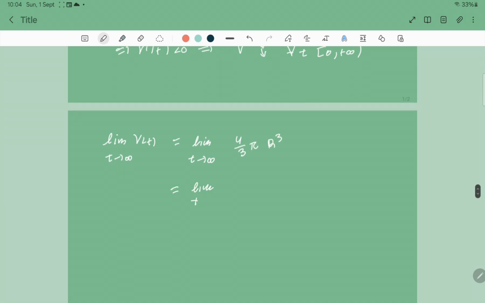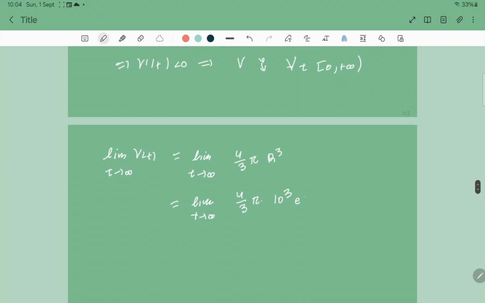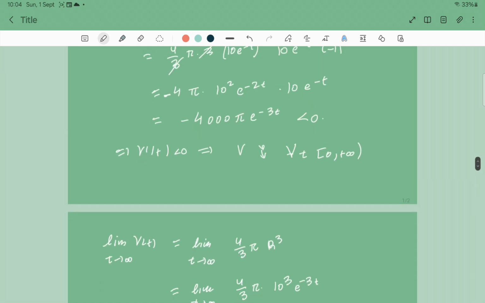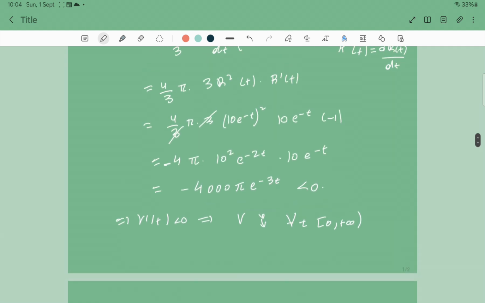So it's the limit as t grows to infinity of 4/3 times π times 10 to the power of 3 e to the minus 3t. So it is the limit as t grows to infinity of this quantity, and this goes to 0. So as t grows, the volume of the sphere becomes smaller and smaller and tends to 0.